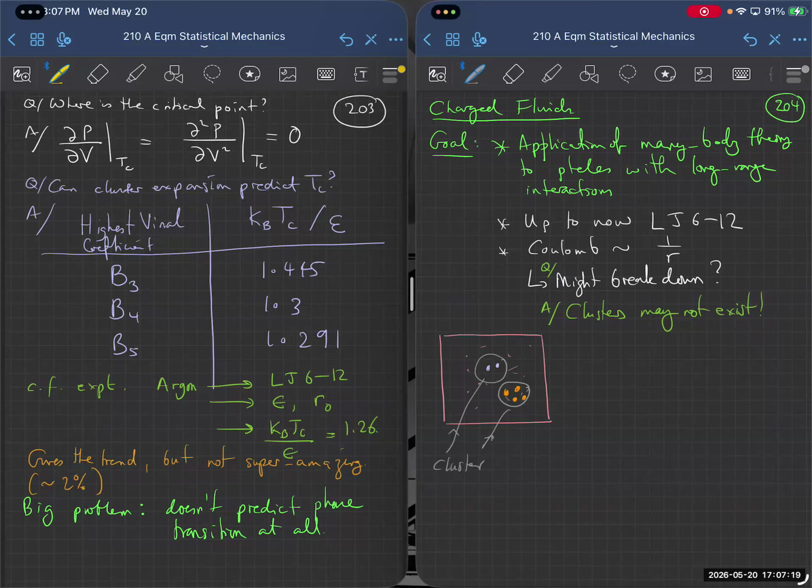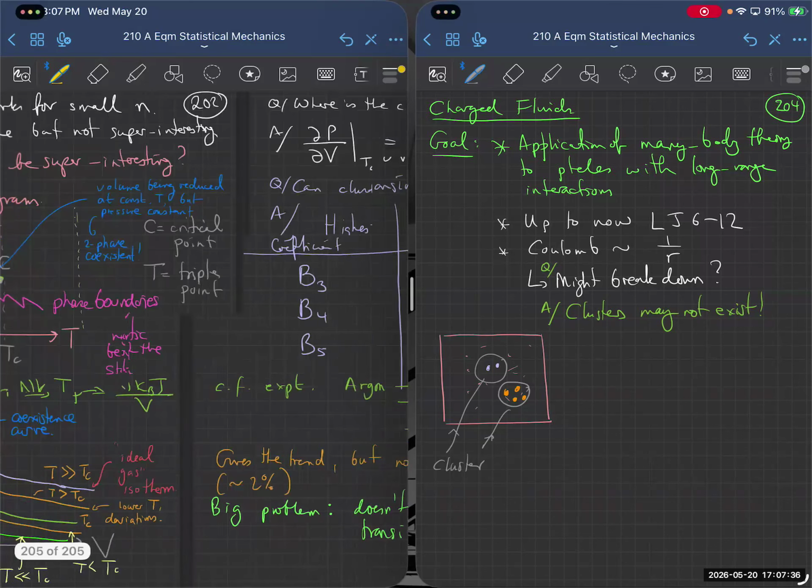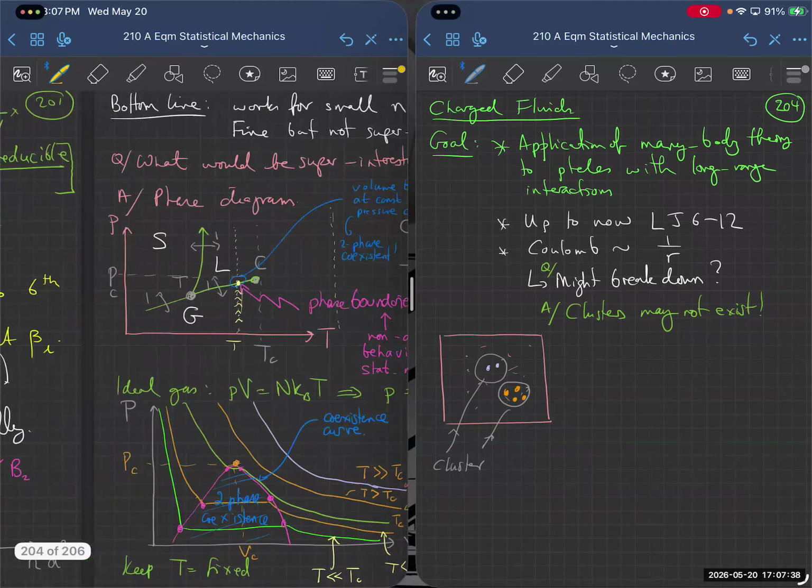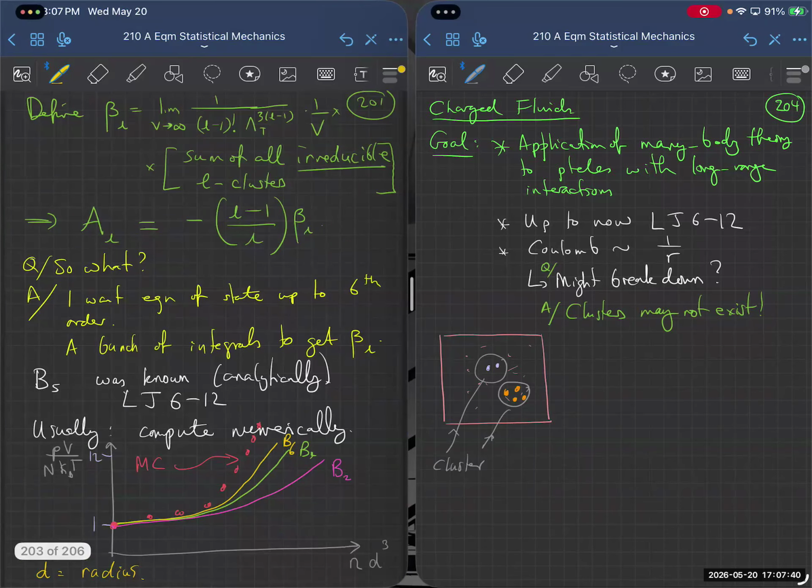Okay, so the idea is that I can separate the system up into particles that are strongly interacting because they just happen to be close by to each other, and then particles that are weakly interacting because they're far apart and they're dilute and they hardly ever see each other. And as I go to higher and higher densities, what I need to do is to include clusters of more and more particles, B2, B3, B4, B5, B6, and so on, okay?